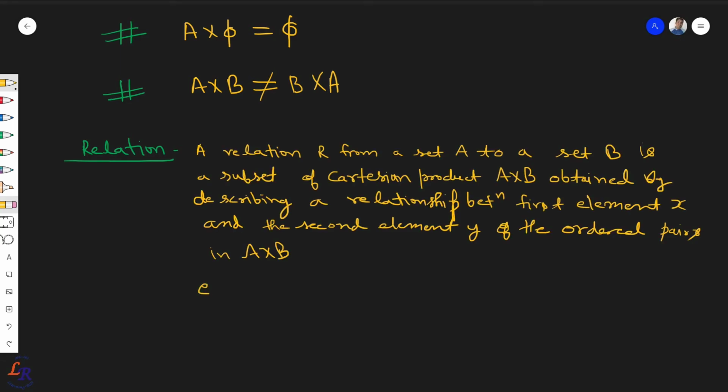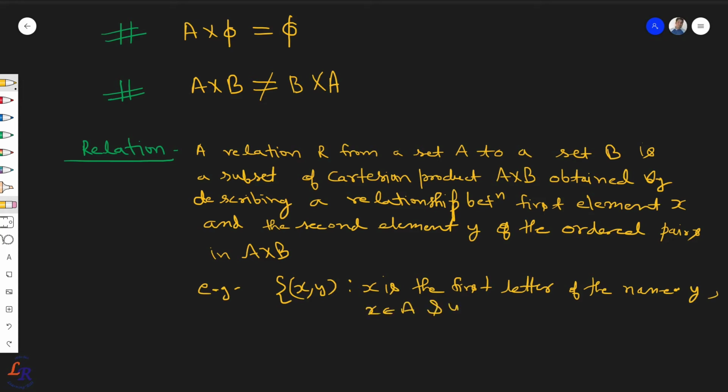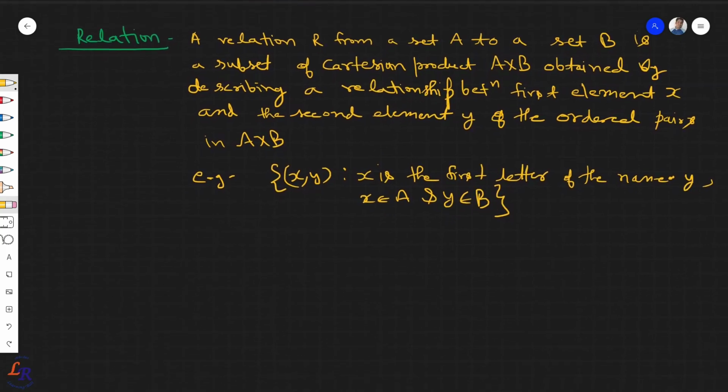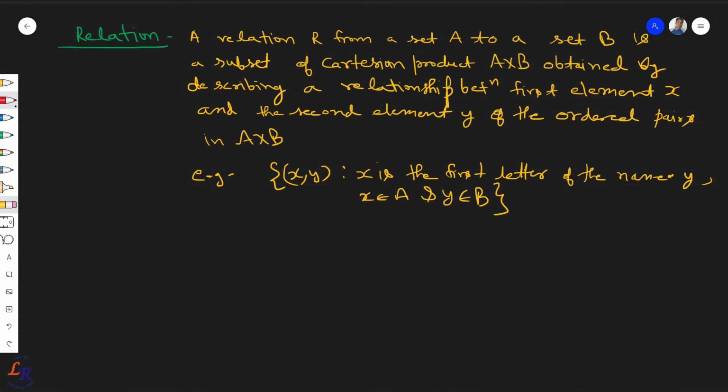So for example, you can take this ordered pair (x, y) such that x is the first letter of the name y, where x is an element of A and y is an element of B. Okay, so for example, you can see it in the form of a pictorial representation.